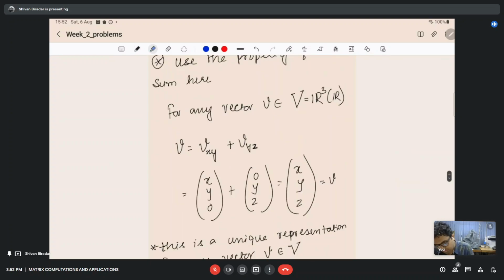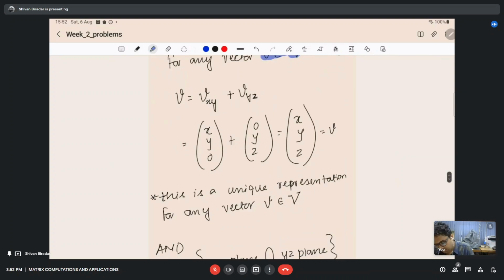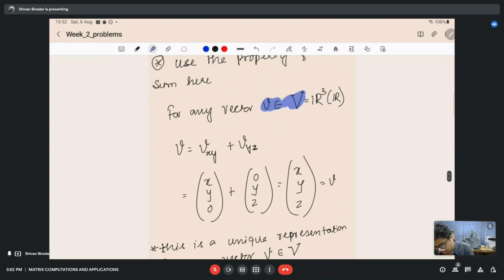Let us consider a vector v belonging to V, and I write V as the addition of two vectors Vxy and Vyz, where Vxy belongs to U and Vyz belongs to W, where U is the whole xy plane and W is the whole yz plane.